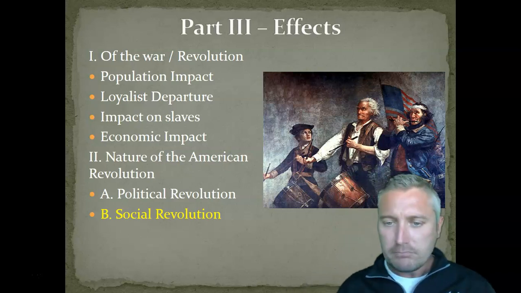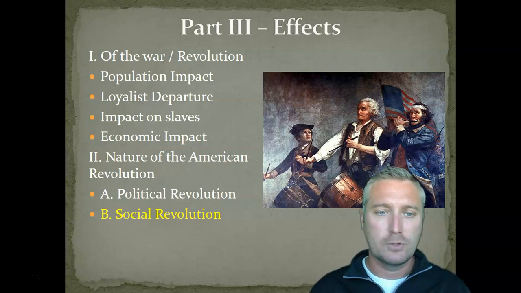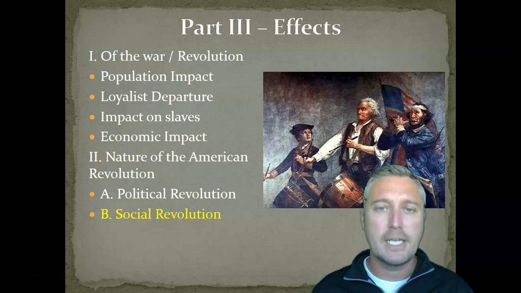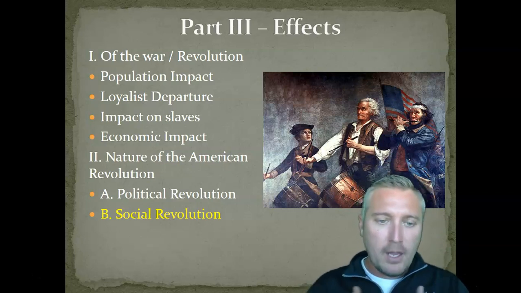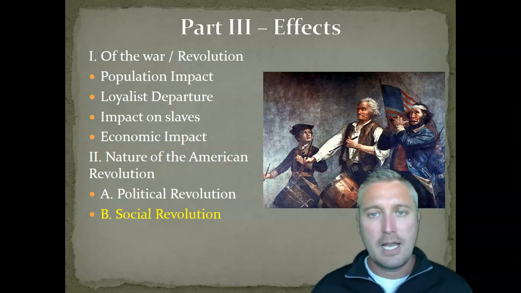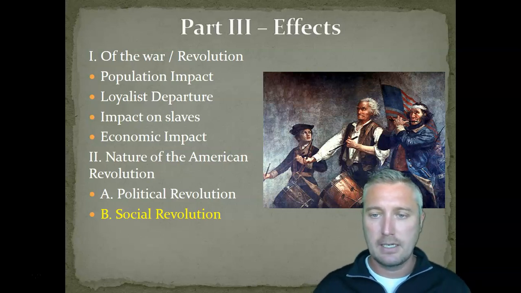Right here, immediately following the revolution, some northern states are starting to say, we don't want any part of slavery. It is an evil institution to own another human being. We're starting to see this major break that's going to continue to grow. That's a political side, but it is a social side too, where slavery would become illegal in places like Vermont, as I mentioned.